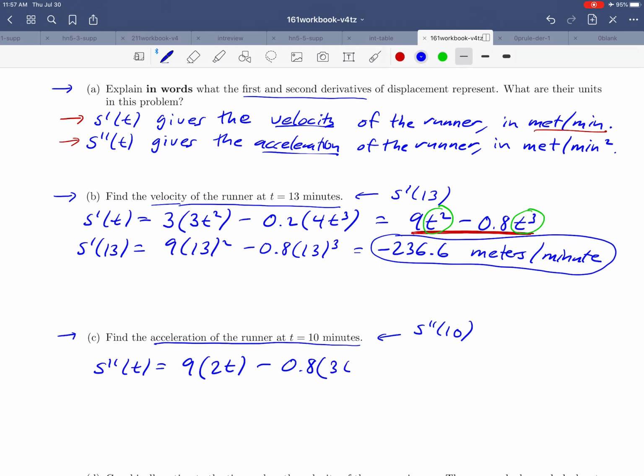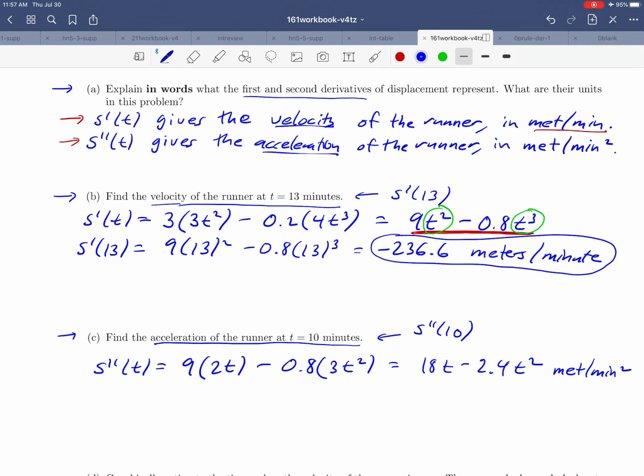By the power rule again, we're going to get 3t squared out of that. And let's go ahead and simplify again. So 9 times 2 is 18t, and then 0.8 times 3. What are we going to get there? 2.4? Okay, so 18t minus 2.4t squared, and unit should be meters per minute squared.